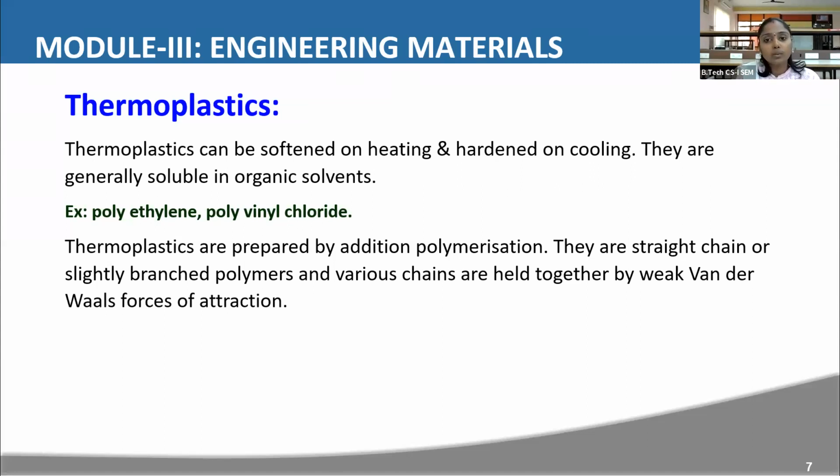Okay, already you know the characteristics of thermoplastics. Can anyone say what the characteristics of thermoplastics are? Thermoplastics can be softened on heating, which means we can easily mold them by heating.